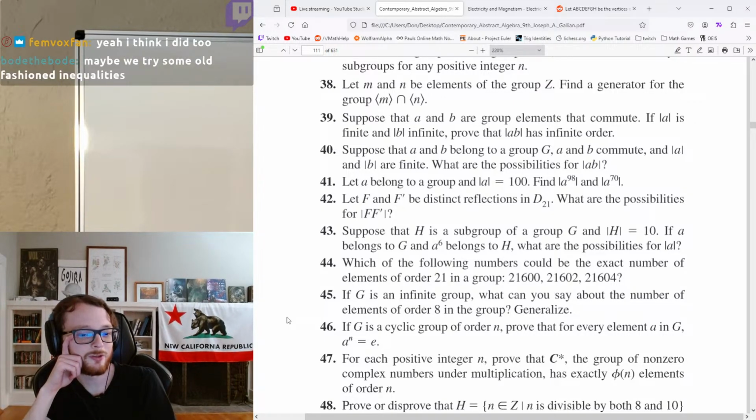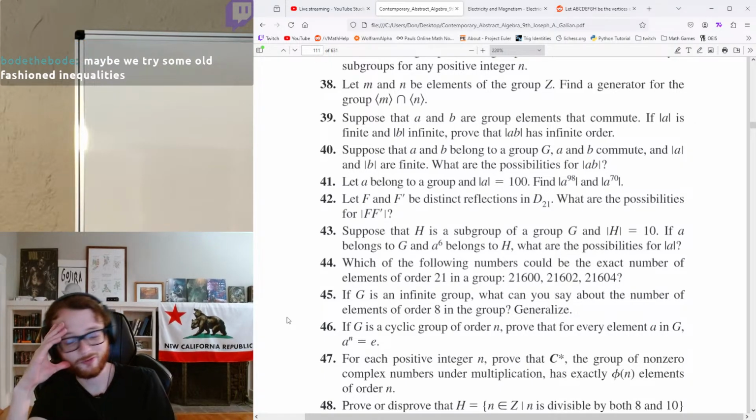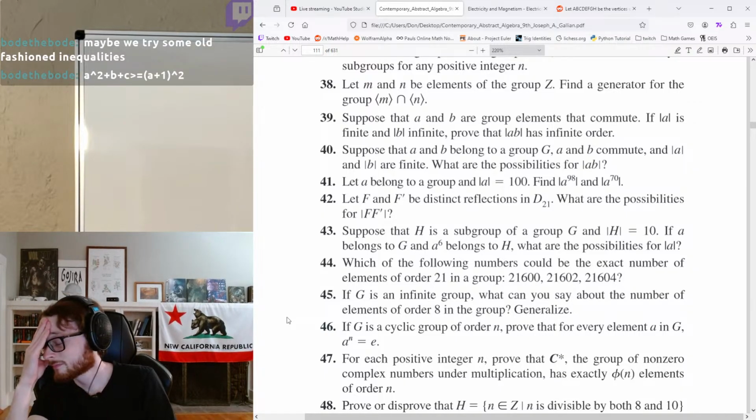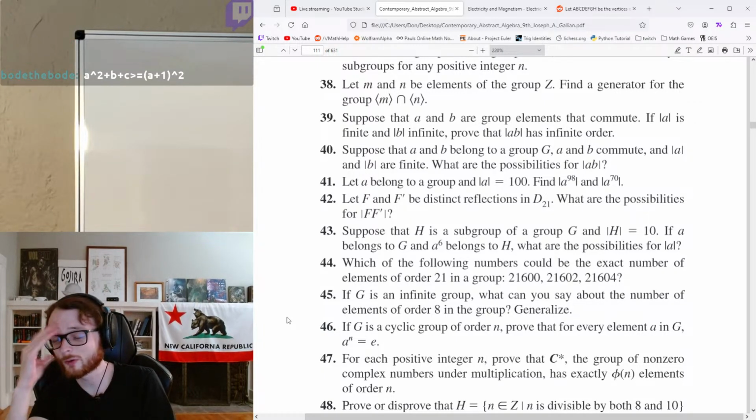Some old-fashioned inequalities. My only thought for how to start is to let a squared plus b plus c be a square and show some kind of contradiction with one or both of the other two for why they can't be a square. I guess we'd assume they're all three squares and show a contradiction.